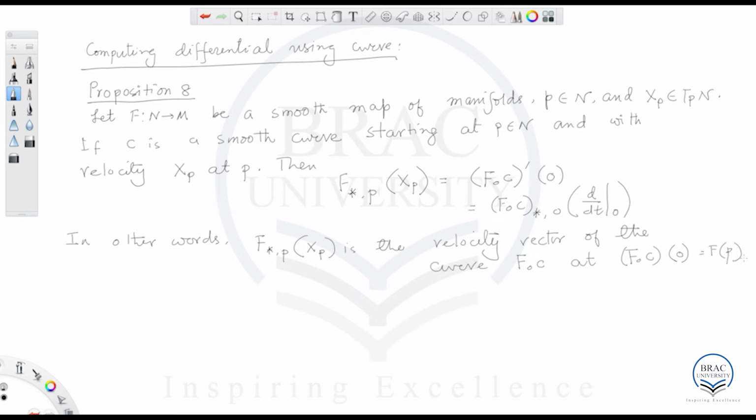C of 0 is p. Okay, so this curve is in the manifold M. Proof.